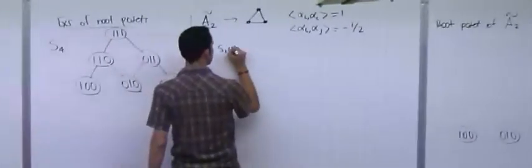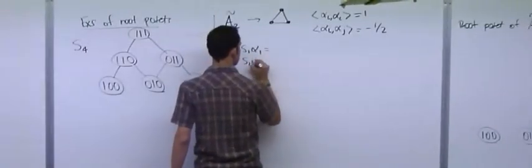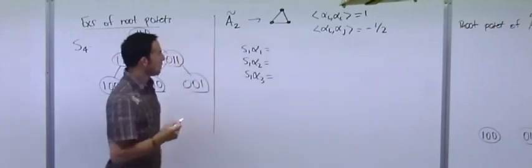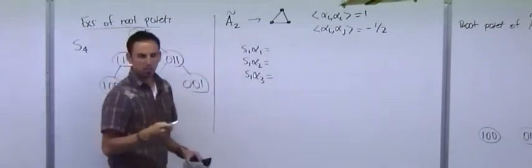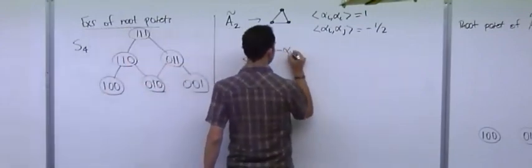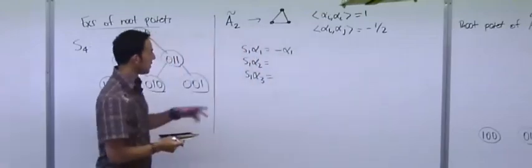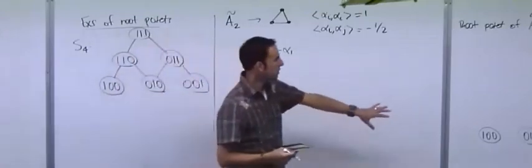And so, for example, how does S1 act? What does it do to these things? Well, we know what it does to alpha 1. It just sends it to negative alpha 1. And this is negative, so that means that this is not going to be found in the root poset.